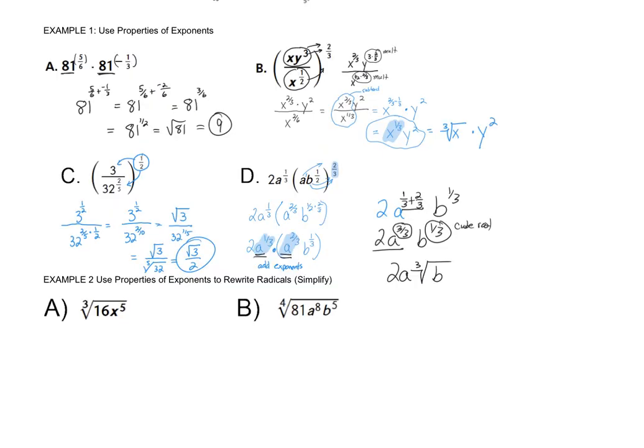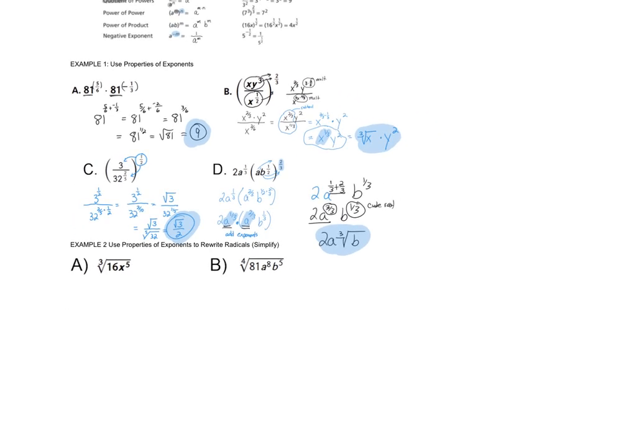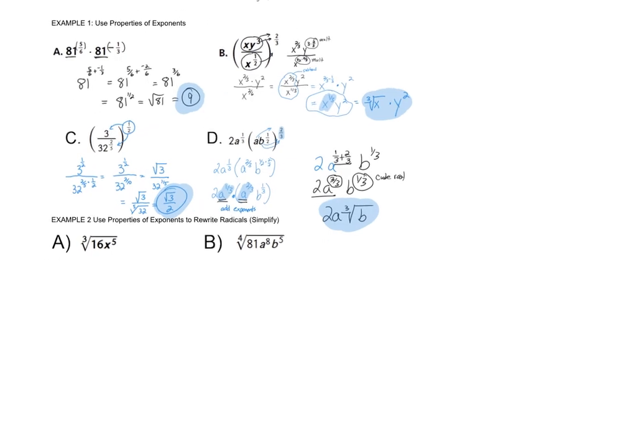All right, something to point out in those problems that say use properties of exponents. Our answers, if possible, were all written with radicals. The original problems did not have radicals, but when we use properties of exponents, we can rewrite them with radicals.